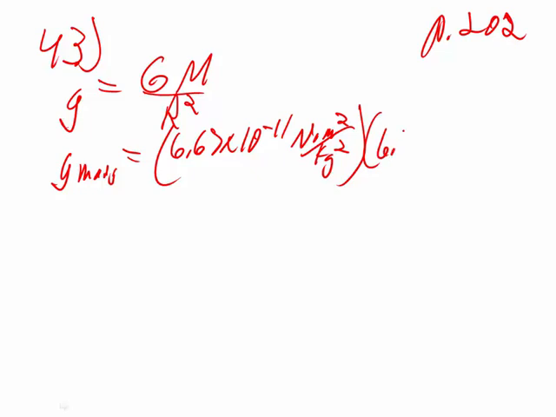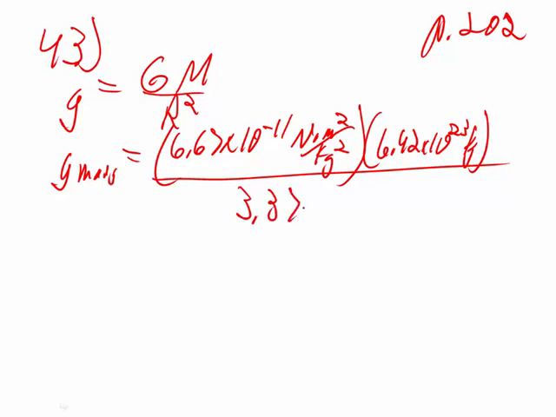The mass of Mars is 6.42 times 10 to the 23rd kilograms divided by the radius, which is 3.37 times 10 to the 6th meters, squared. And so we get the gravitational acceleration of Mars is what?